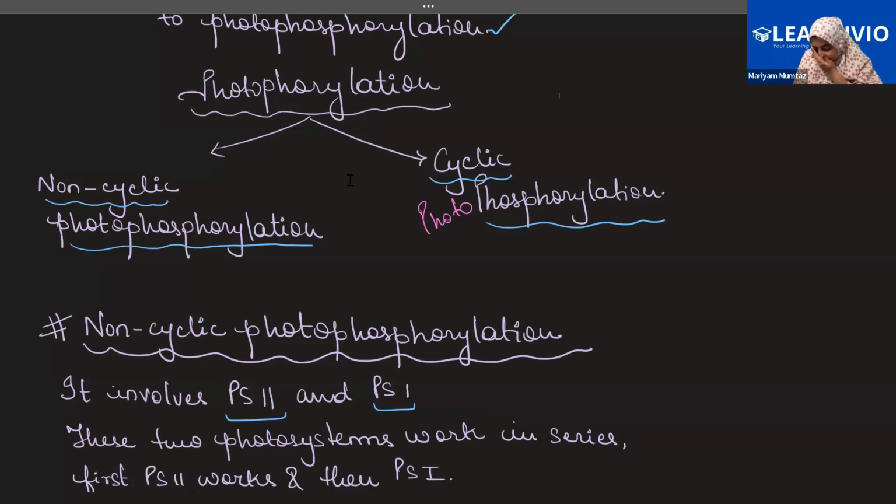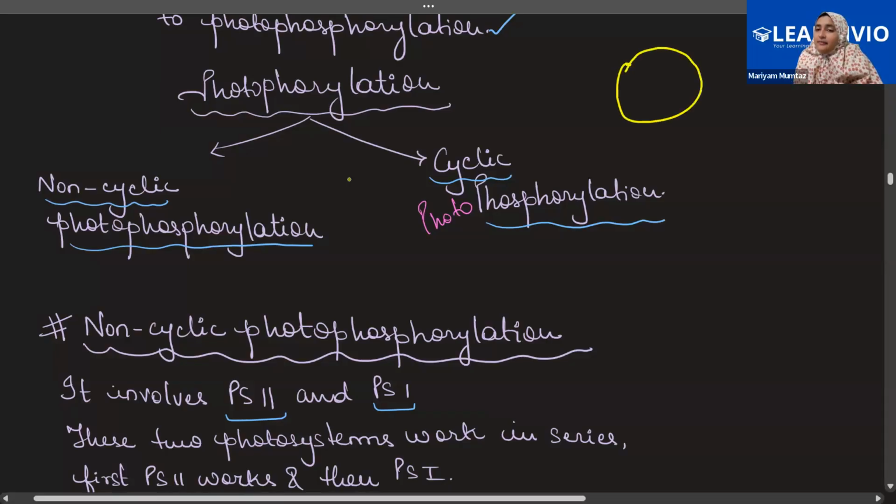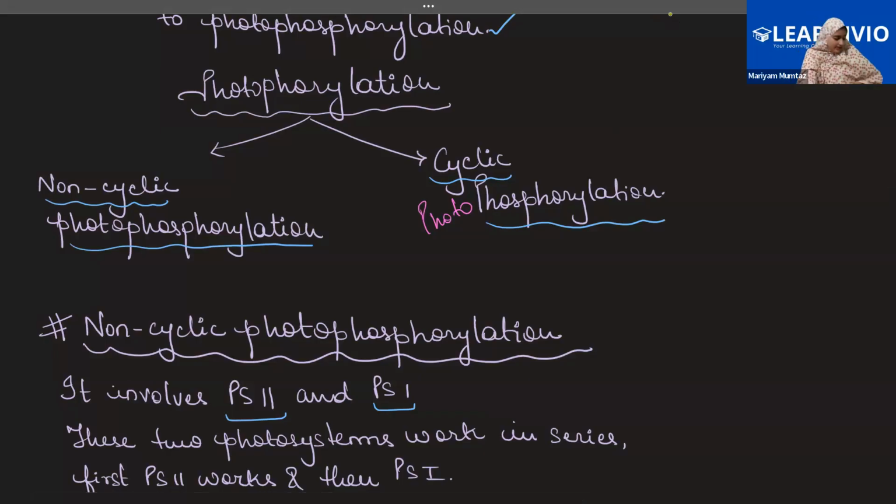When something returns to the origin. Meaning if you start from one point and then come back again at that one point, that is cyclic. Exactly, the mechanism is cyclic, but non-cyclic means it will not come back to its original position.